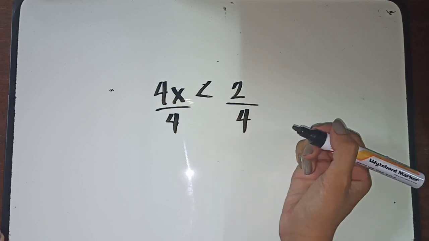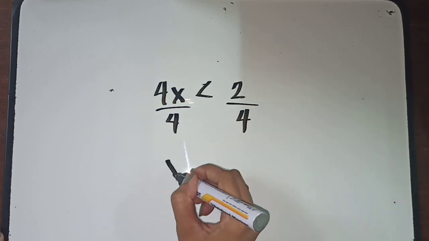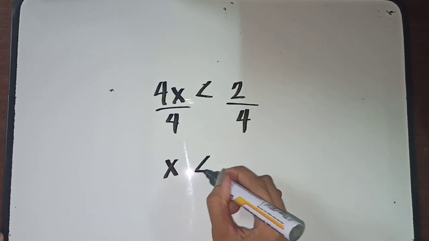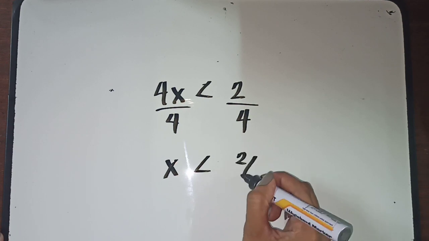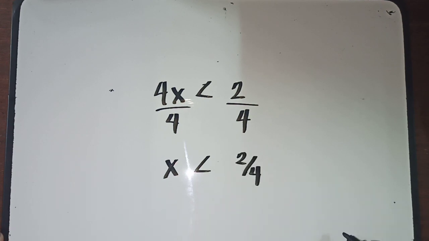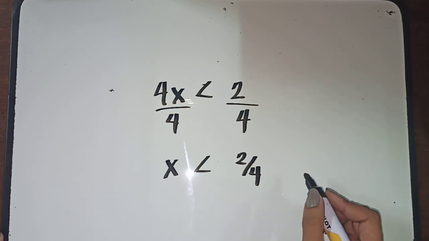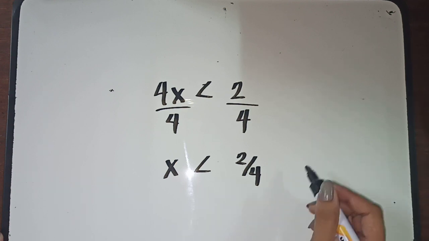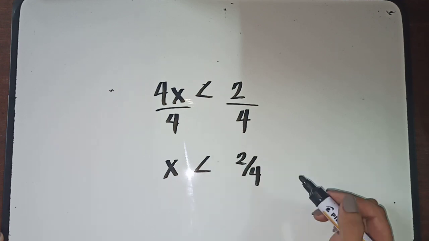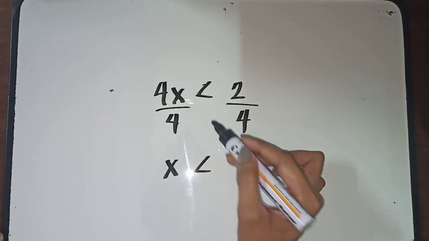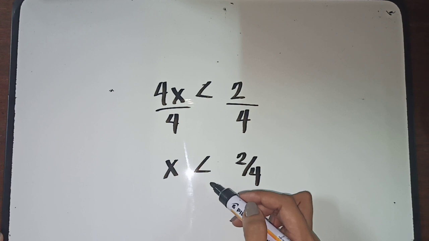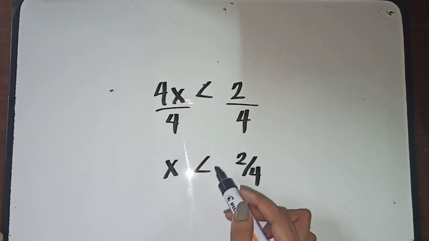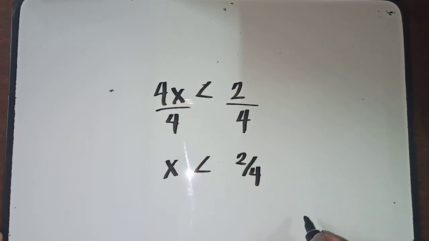Nag-divide ako ng positive. So, x is less than 2 over 4. Okay, so kapag nag-divide ka or nag-multiply ka ng positive real number, yung inequality mo ay hindi magbabago. Kung less than yan, less than pa rin yan pagdating sa final answer. Kung greater than yan, greater than pa rin yan pagdating sa final answer. So that is the second rule.